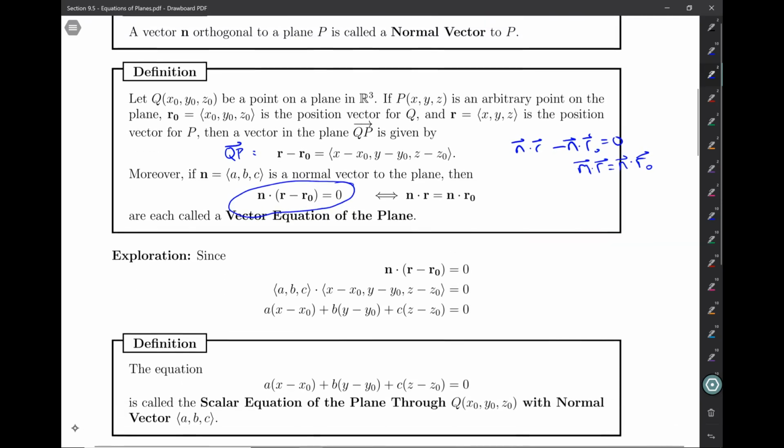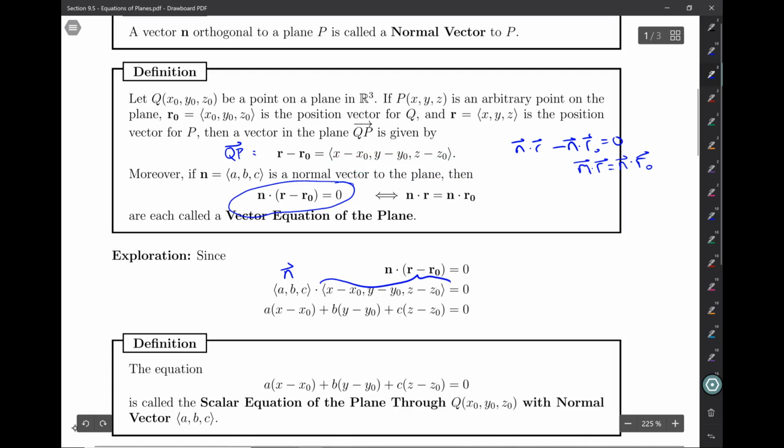Now, we actually move pretty quickly to get to the second way to express the equation of a plane. Because n dotted with r minus r naught is equal to 0, and if we just replace all of these vectors with their components, well, n is a, b, c. r minus r naught is x minus x naught, y minus y naught, z minus z naught, as defined right up here.